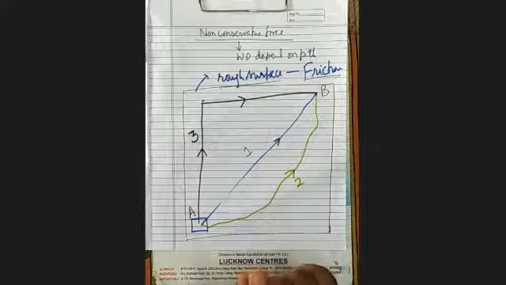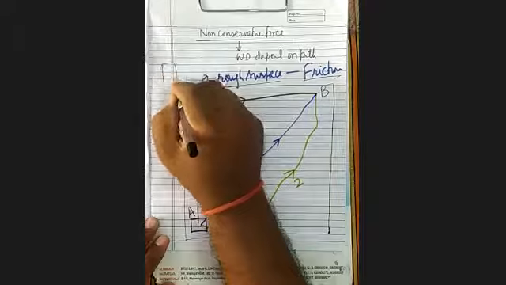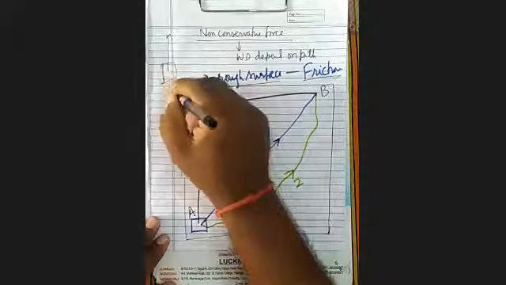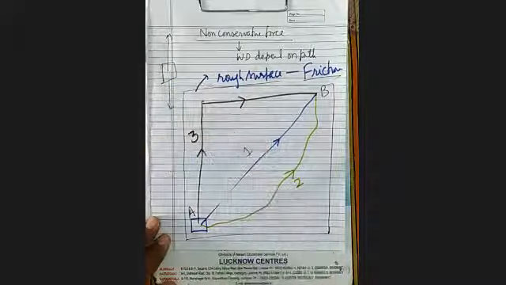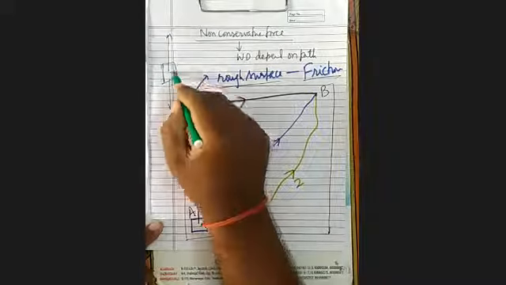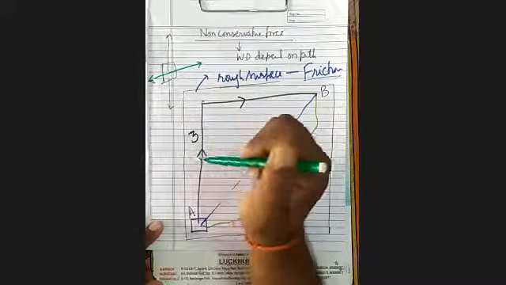Work will be done against friction, because there is a general rule: if the body is moving over this floor in this direction, the force of friction will act opposite to that. Suppose the body is moving in this direction, in what direction will the force of friction act? In this direction.